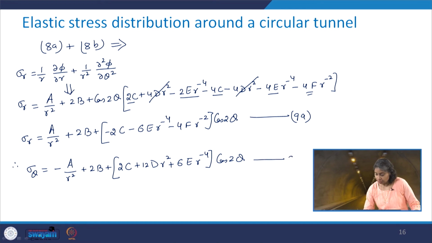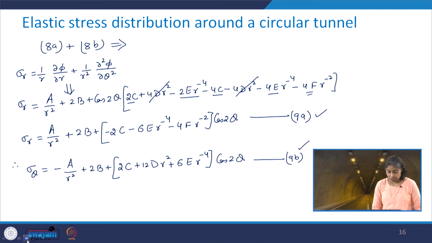Make it equation number 9b. So this is how we write the stress function with reference to r and theta, and find out sigma r and sigma theta in terms of that expression. So that is what we are going to get as equation number 9a and equation 9b.